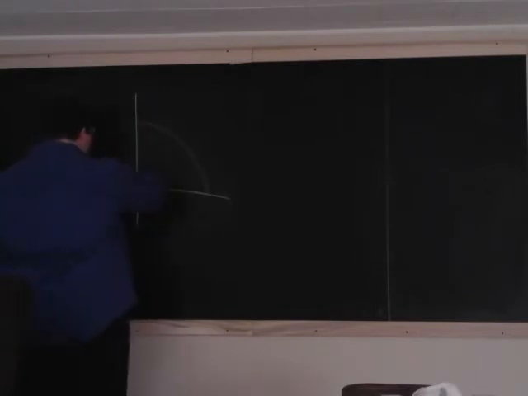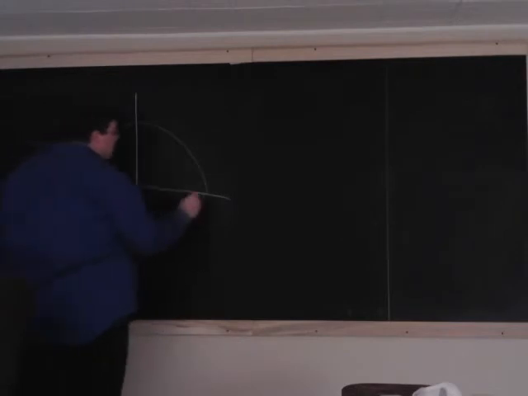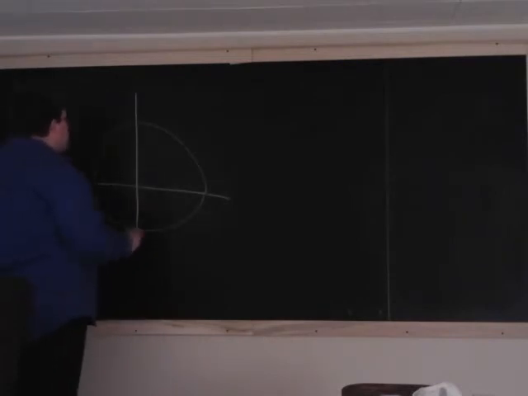I'm going to draw something and then we'll talk about it. The unit circle is a circle of radius 1 centered at the origin. I request that you pretend that's centered at the origin.